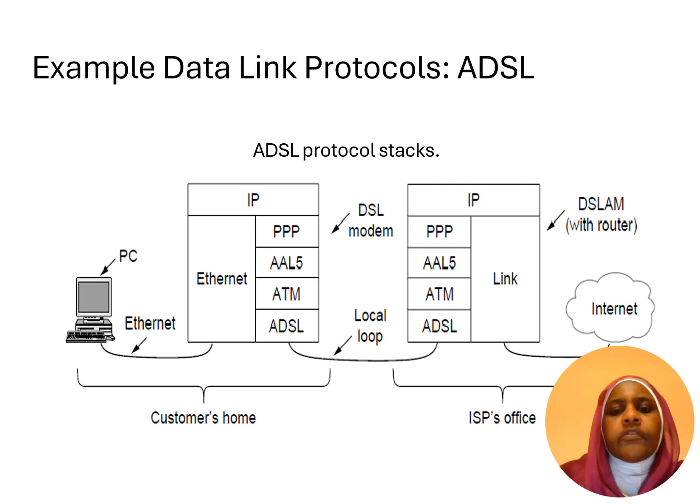It will first be received by the ADSL layer, and then the ATM layer, and then the ATM adaptation layer 5, where the cells will be reassembled into ATM adaptation layer 5 frames, and then the payload will be extracted and sent to the point-to-point protocol, where the point-to-point protocol extracts the IP packet from its frame and sends it to the link layer in the DSLAM, in the router, where it's encapsulated in a frame and sent to the internet to the destination.